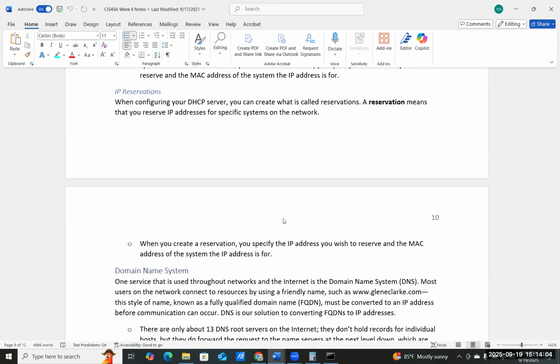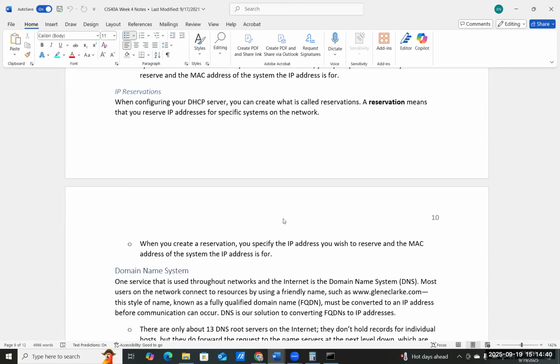But let's say that somewhere after you configure, you realize that you want a permanent IP address for your servers, maybe a shared printer. So what you can do is reserve certain IP addresses from that pool for shared systems. We don't want those systems to renew IP addresses because we configure the other systems' clients to connect to it. And if you already configure it one way, you don't want to reconfigure it every time it renews, right?